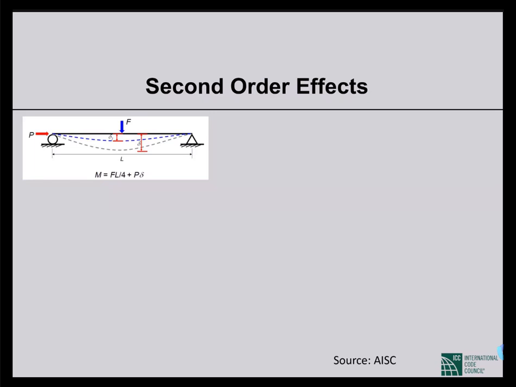From the moment diagram, using the unit load method, virtual work method, elastic load method or direct integration method, whatever method you follow, if you want to calculate deformation, then we need the bending moment. With the FL by 4 maximum bending moment at the mid span, we'll get delta 1. But the P load causes an additional moment.